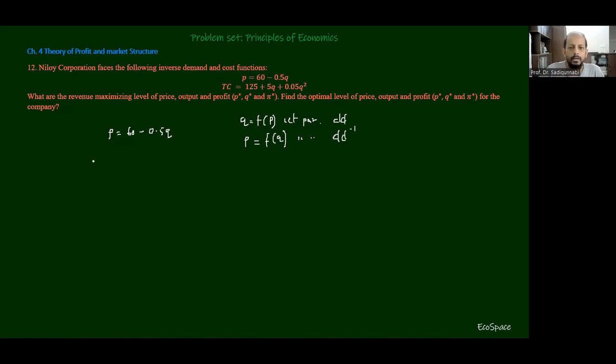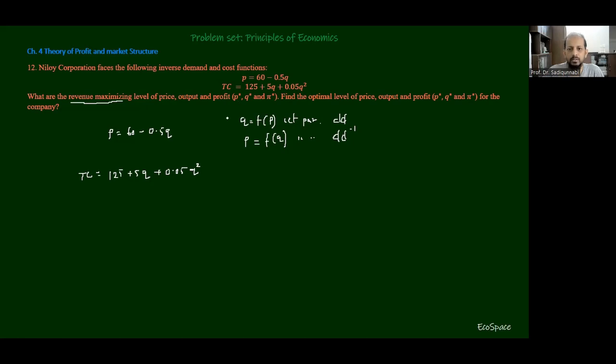Okay. And our TC is here, let me write it down. TC is 125 plus 5Q plus 0.05Q squared. And we need to find the revenue maximizing activity level.